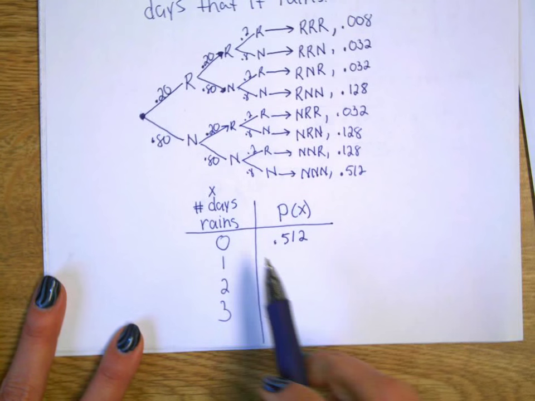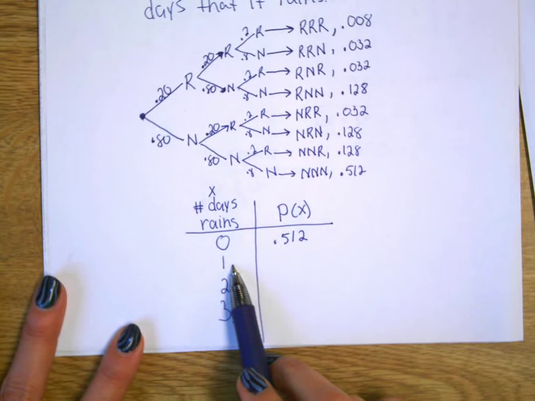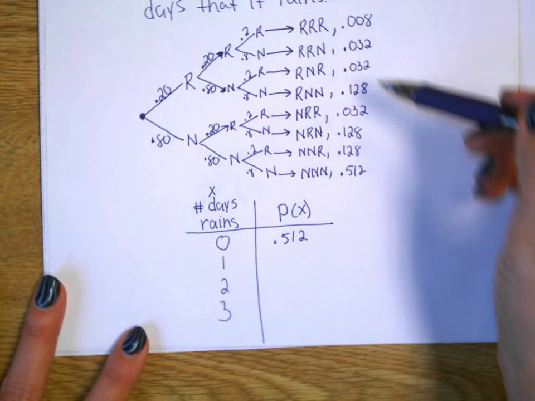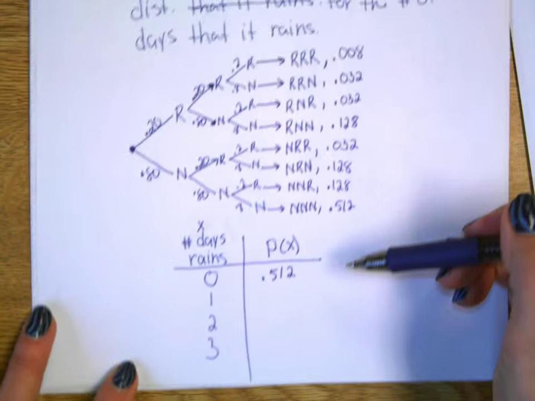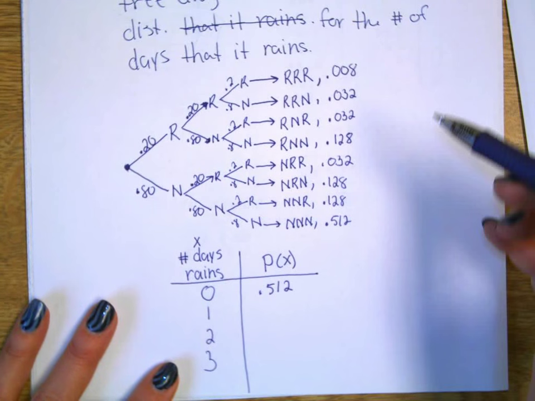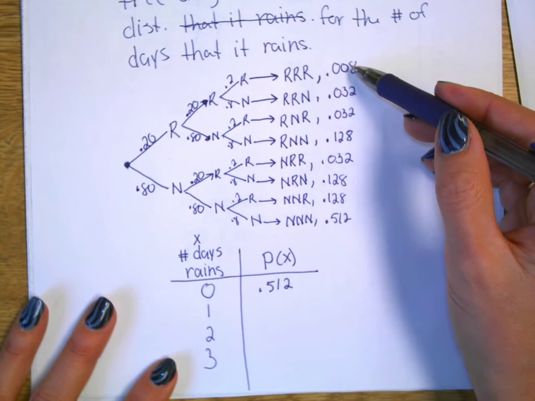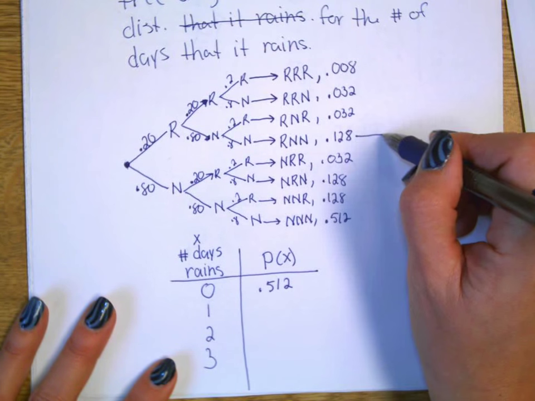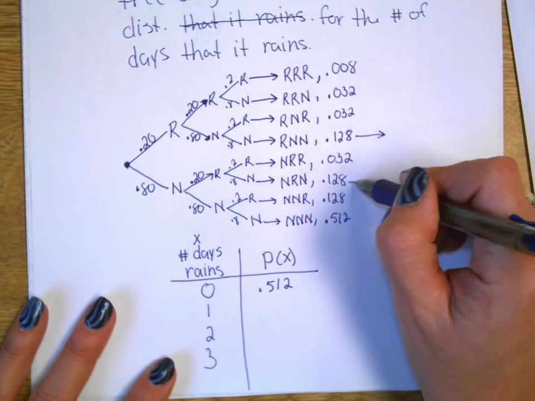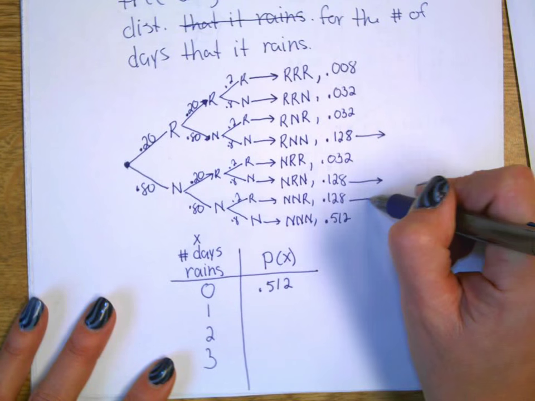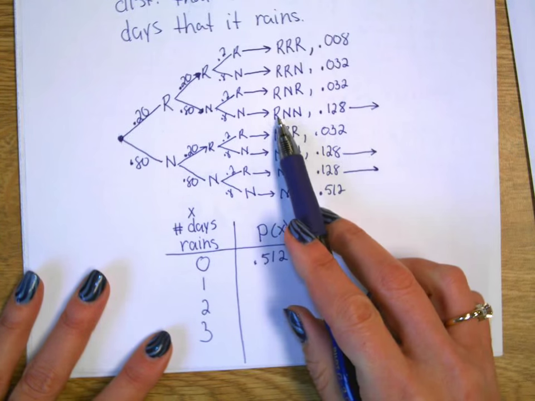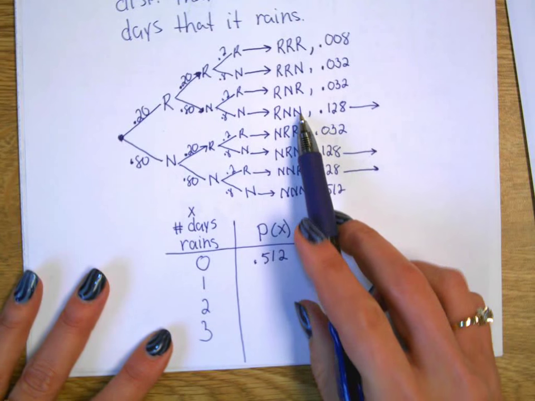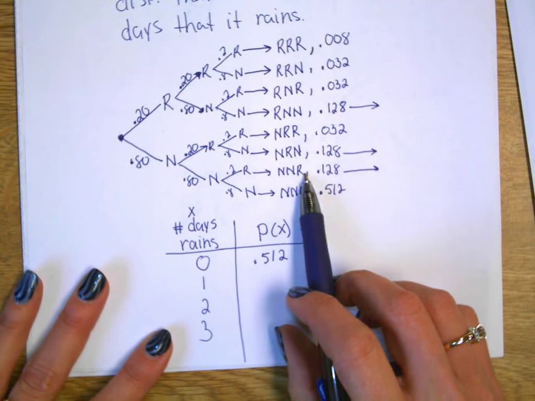Okay, the probability that it rains only on one day. How many times did that happen in my tree here? 1 day of rain. It's here, it's here, and it's here. So it could rain on the first day and not the other two, or the second day, or the third day.